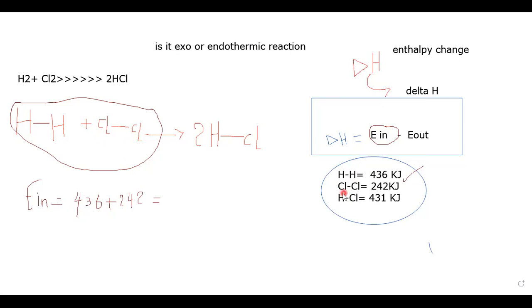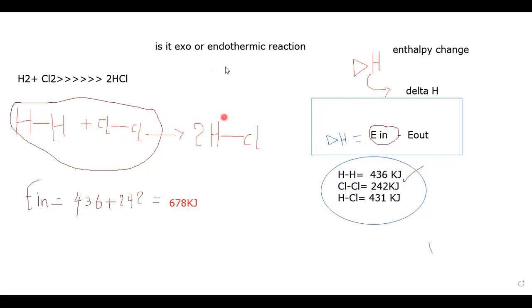From the table. With each question, the examiner will provide you with the value of each bond. So 678 kilojoule. This is energy in. What is energy in? It's the energy of the reactant.